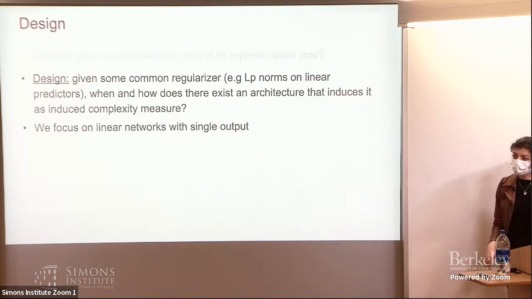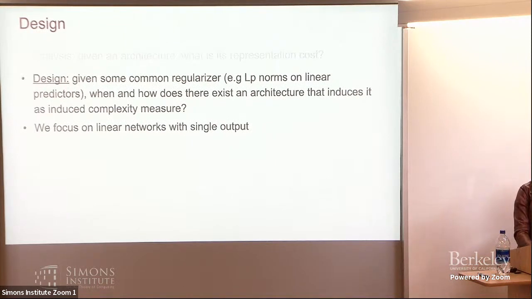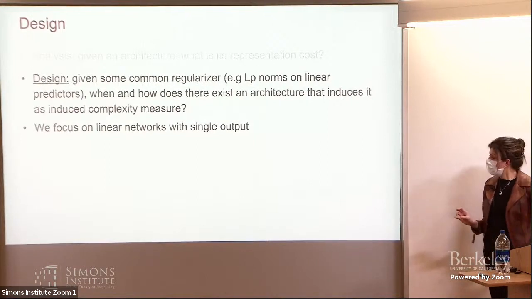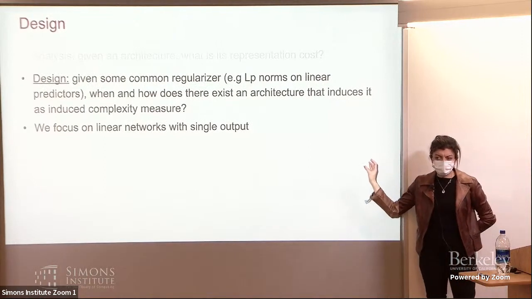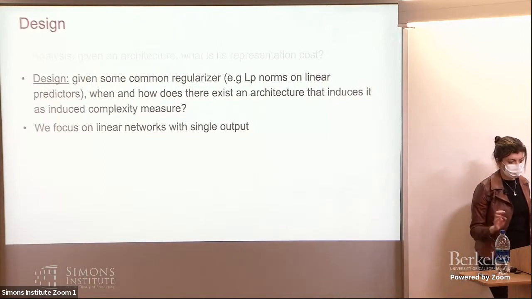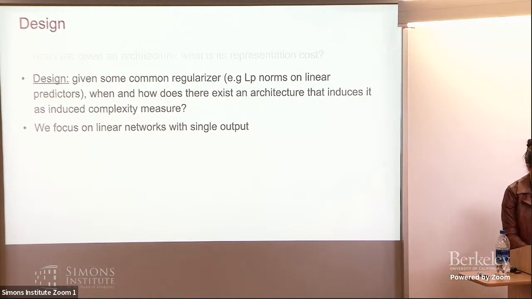So now thinking about the design part, given some common regularization functions in the function space, we want to construct architectures that induce these penalties in the function space. We're going to focus again on linear networks, but almost all results that we have in this part are on single output networks.